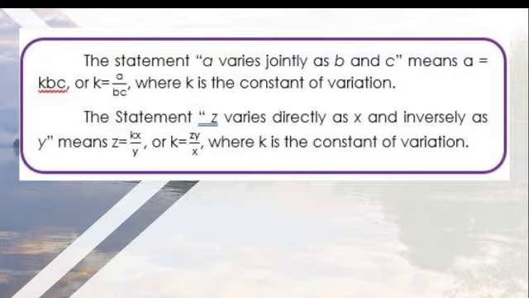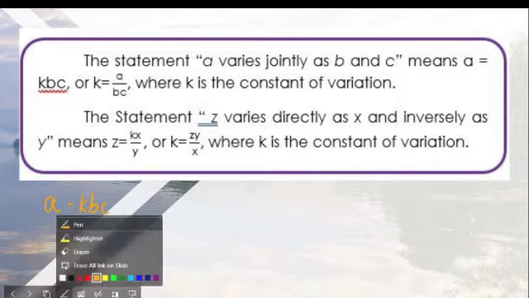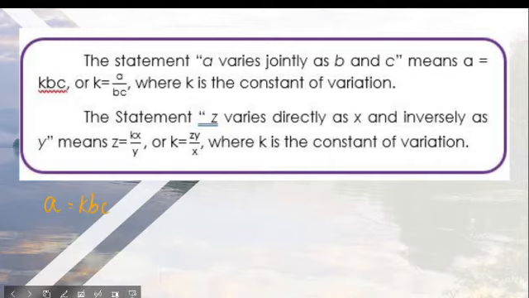Let's go back to joint variation. Say, A varies jointly as B and C. It means that A = kBC. It is a straight equation like direct variation; the difference is that it uses more than 2 variables. So this is for the joint.